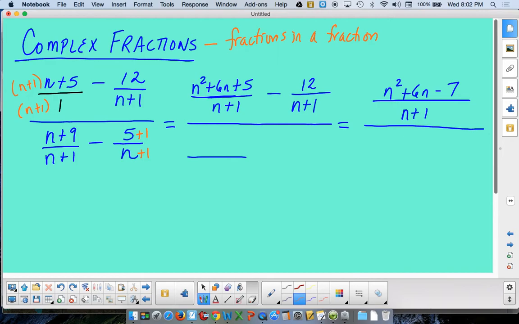That's so illegal. The math police will throw away the key, lock you up. You'll be in prison for life. You cannot do that. Instead, you have to make a common denominator as two separate terms. N is different than n plus 1, so this common denominator is both of those.